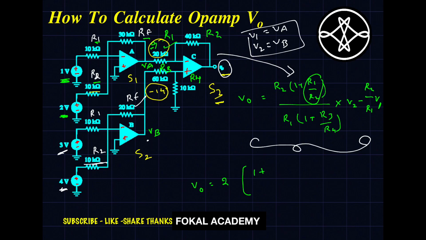R1 is 20k by 40k, nothing but 1 by 2, nothing but 0.5.